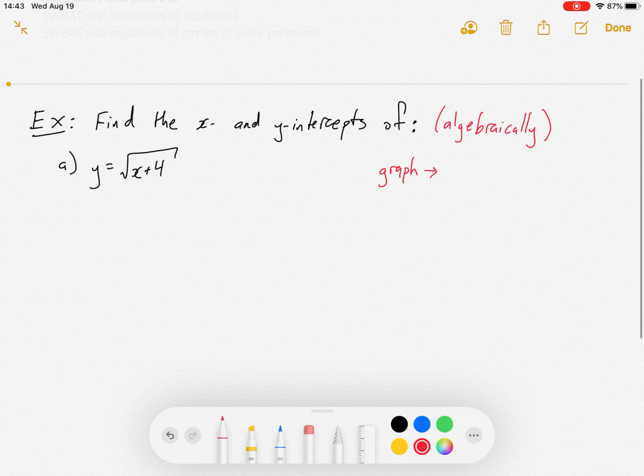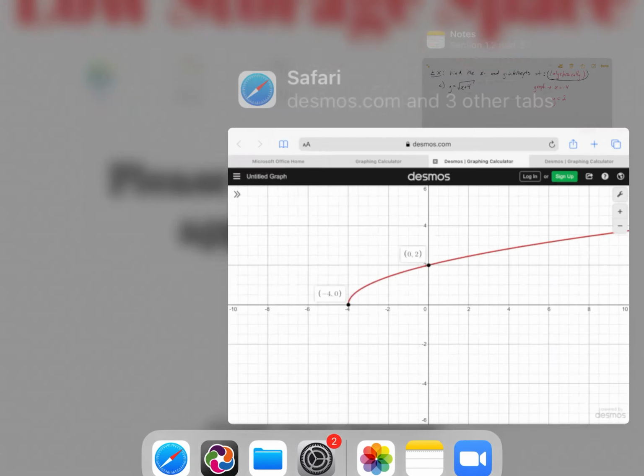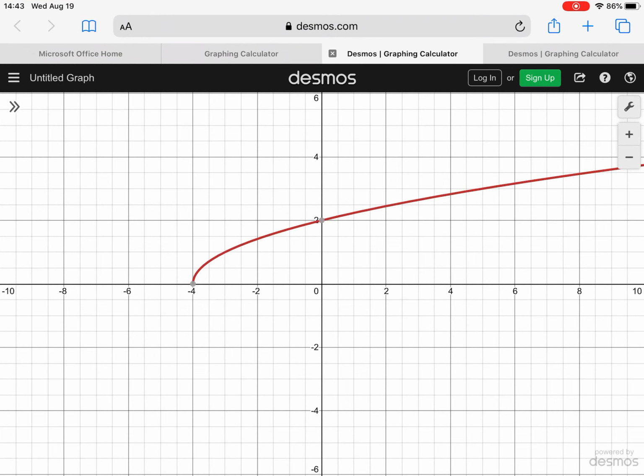From the graph, we know that x equals -4 is the x-intercept, and y equals 2 is the y-intercept. However, I said I wanted to do this algebraically. So here's what we're going to do. Notice that on this graph, if you are on the x-axis, the y value is 0. It's (-4, 0). And if you're on the y-axis, the x value is 0: (0, 2).